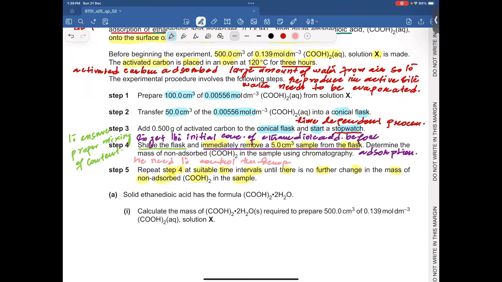Okay, so that's a very, very important point also, because it lowers the adsorption process as more molecules will evaporate at high temperature. Okay.